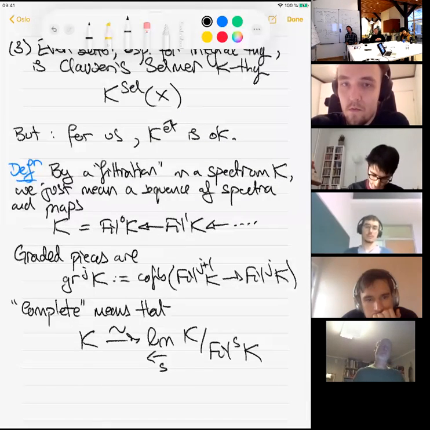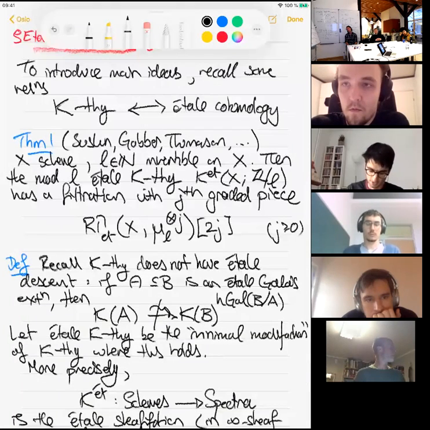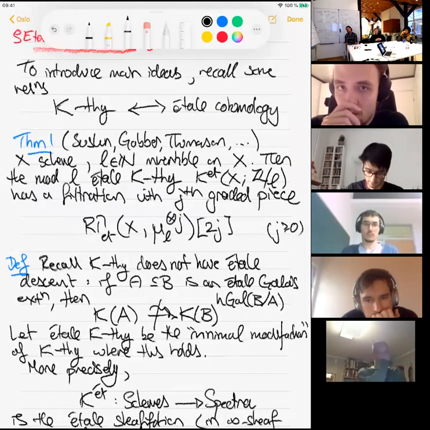So running back to the first theorem, what did we say? We said that the mod L étale K-theory has a filtration with graded pieces given by the étale cohomology.